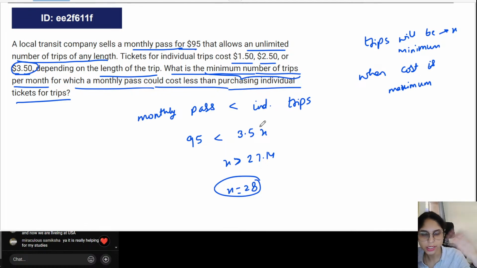If it's a combination, then it will be greater than 28. So we're taking all trips which are the costliest trips. Next question is question number 14.